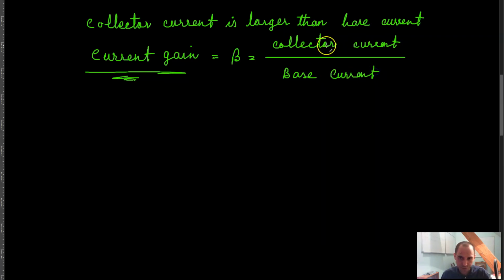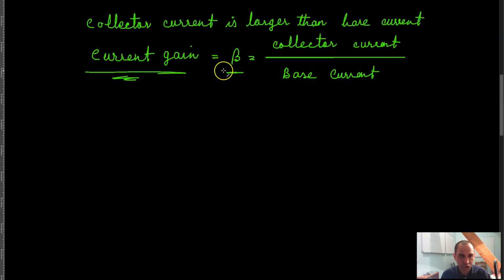Meaning that you basically calculate the collector current and calculate the base current. Either you calculate them or you measure them, using, for example, some ammeter or something like that, and then take the ratio of the two, and that becomes the current gain of the transistor.